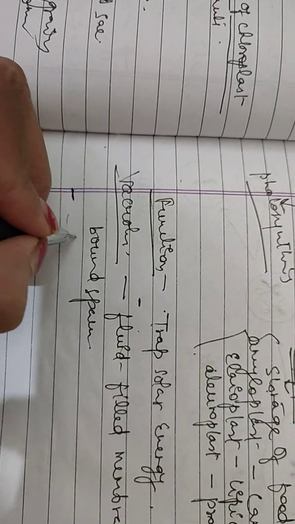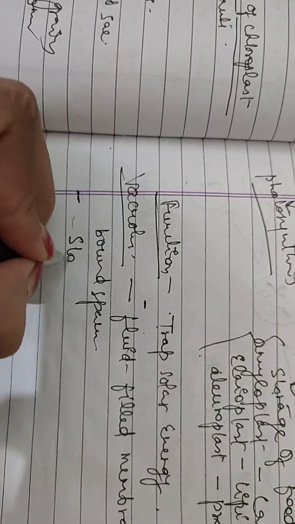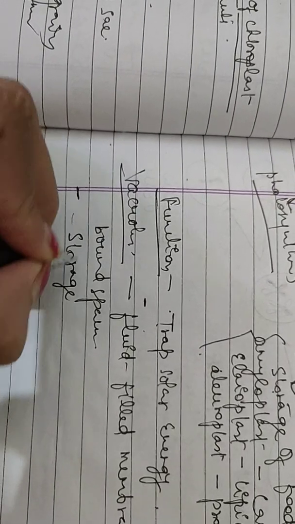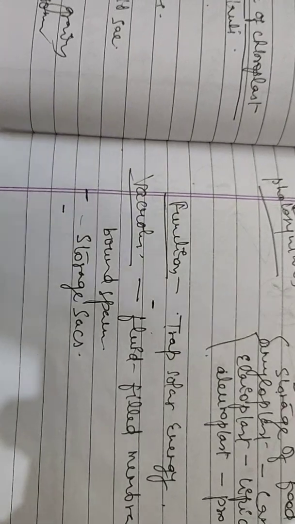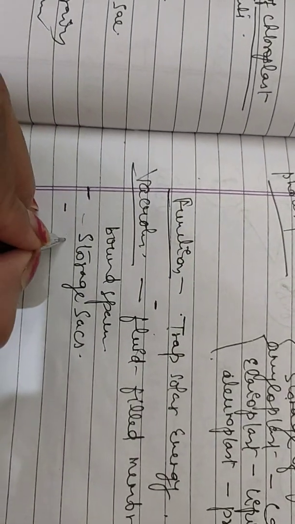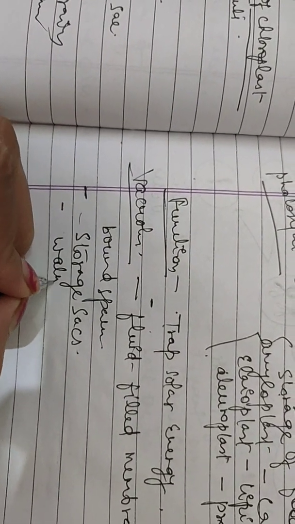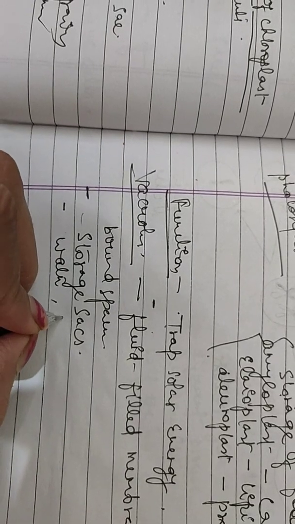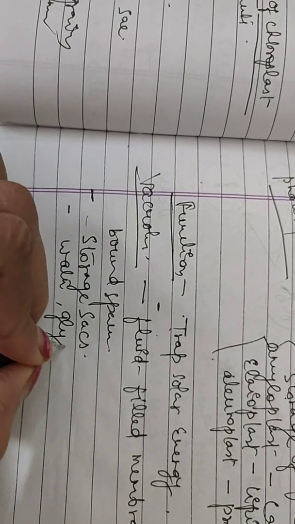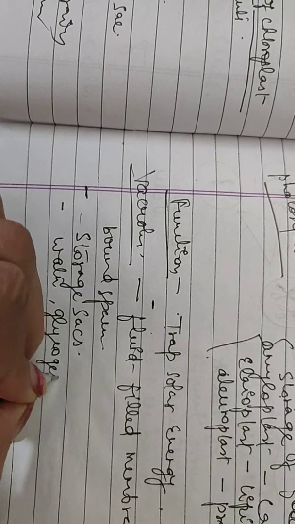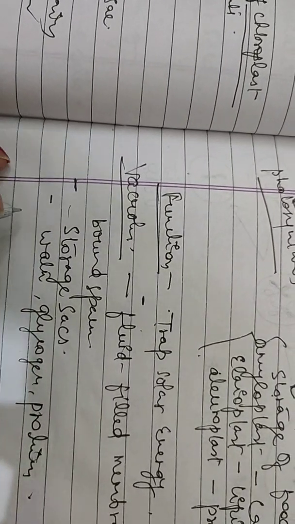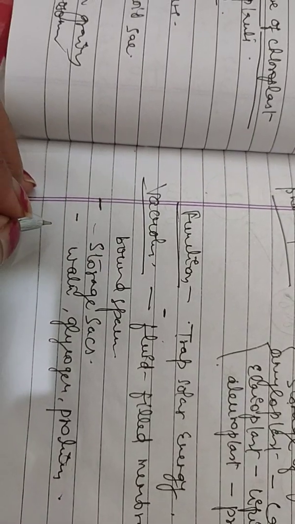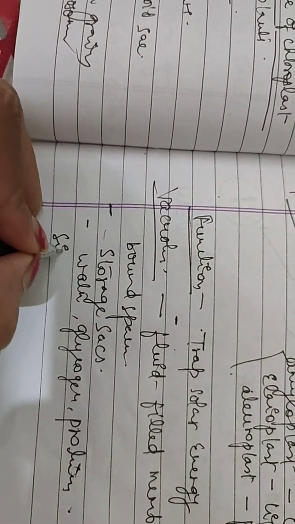They are a kind of storage sacs. They store water, glycogen, proteins. The vacuolar membrane is typically a single unit membrane.